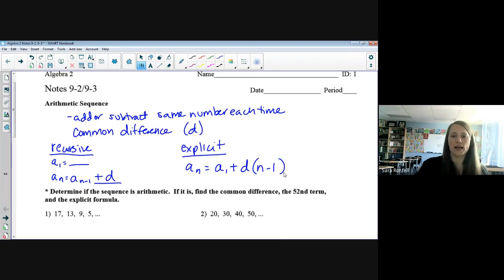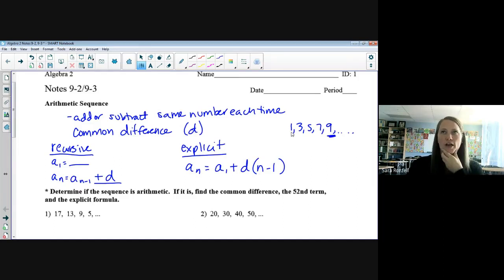And the reason that that's the case is, say I had the following sequence here: 1, 3, 5, 7, 9. If I wanted to find the fifth term of the sequence, I know I have it listed. If I wanted an equation, let's see if this equation works out, and let's see why.